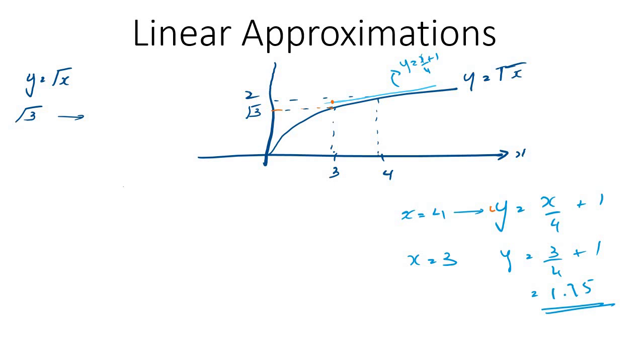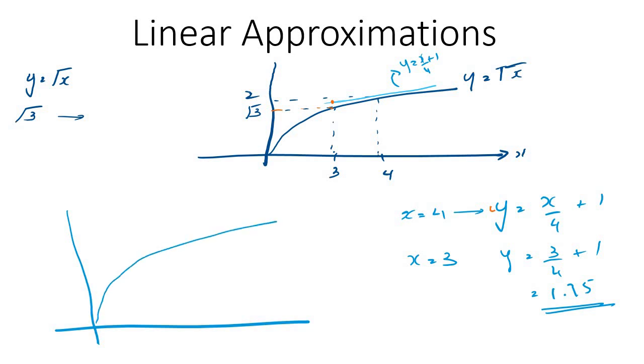I'll zoom in. So if we zoom in to this point, that's your 3, and let's say this is 4. x equals 3 and x equals 4. This point would be square root of 3 because that's y equals square root of x.